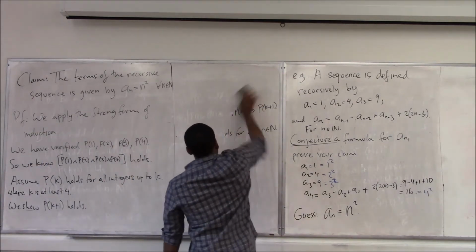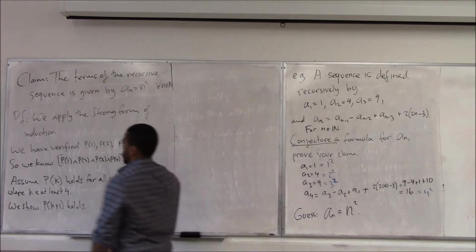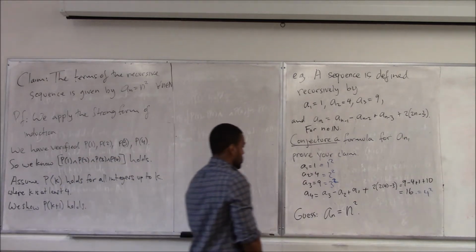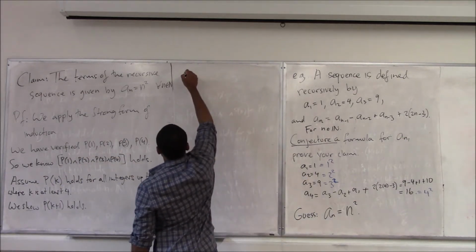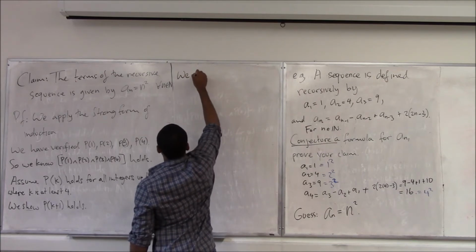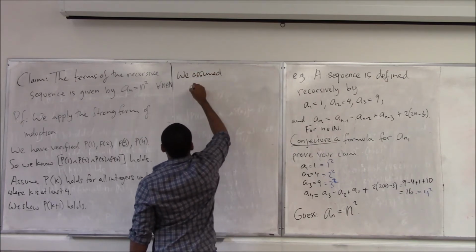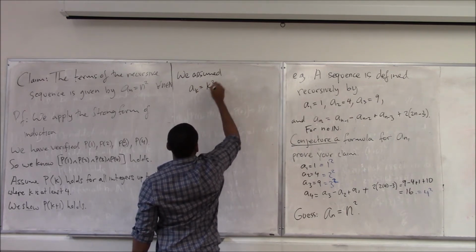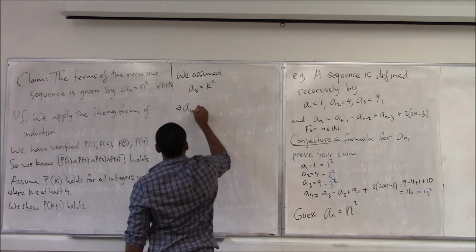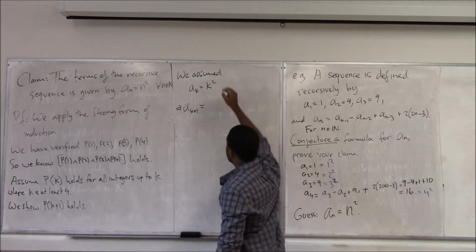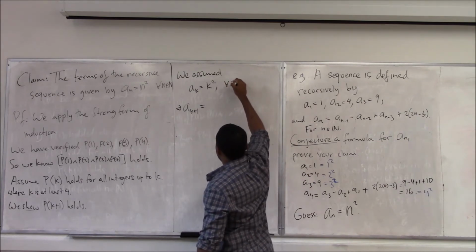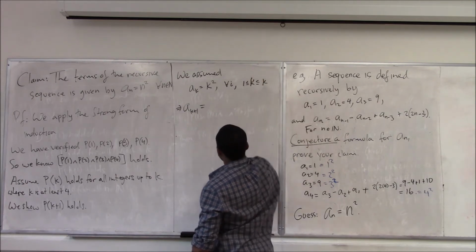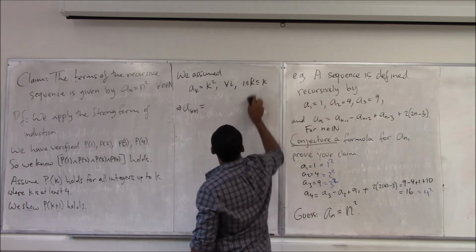So what do you think of doing here? I need to verify. So we assume that a_k equals k squared. This means that a_{k+1} would be equal to... for all i from 1 to k.